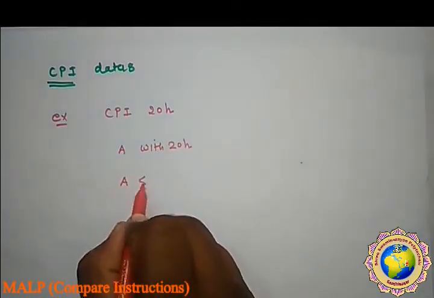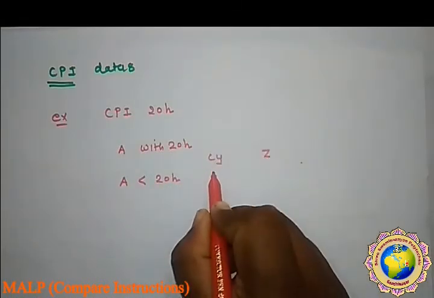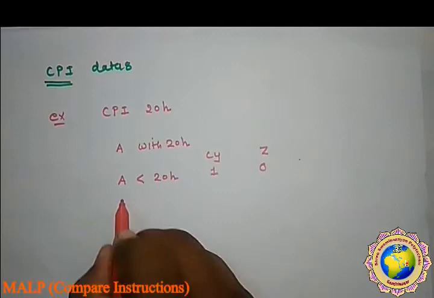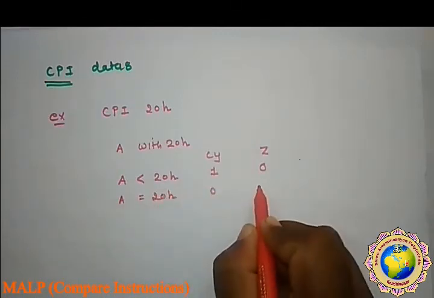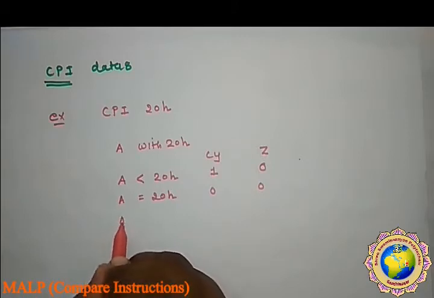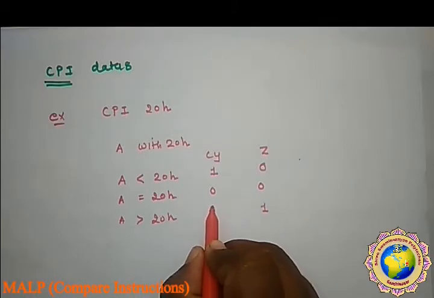When A is less than 20H, the carry flag is 1 and the zero flag is 0. When A is equal to 20H, the carry flag is 0 and the zero flag is 1. When both carry and zero flags are 0, A is greater than 20H.